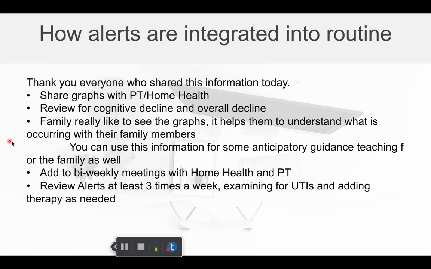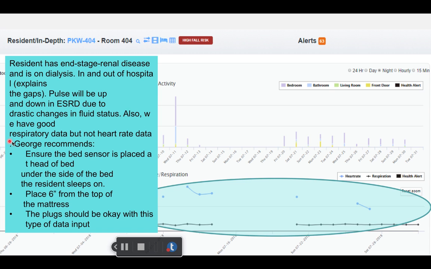Family members also like to see the graphs. It helps them to understand things like they're spending a lot less time in bed at night. This is why they're tired in the daytime. And you can use it for some anticipatory guidance teaching for the family as well. Adding to bi-weekly meetings, and then look for UTIs and adding therapy as needed.